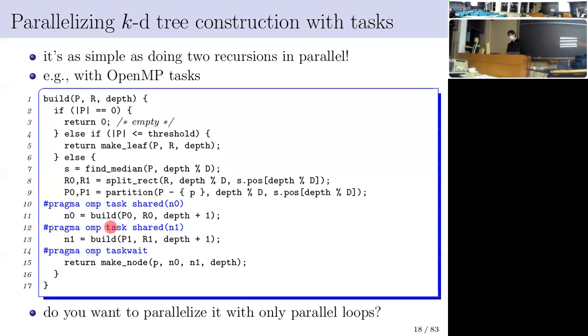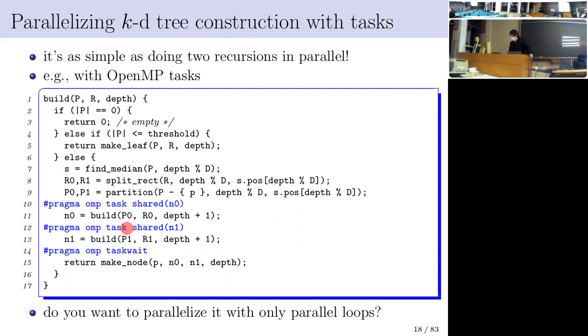The caller then makes another task creation, and that does another recursive call. The end result is you have two tasks running concurrently, each doing a recursive call to build. So you effectively call these two recursive calls in parallel. And then you simply say taskwait, because you want to wait for these two recursive calls to finish.